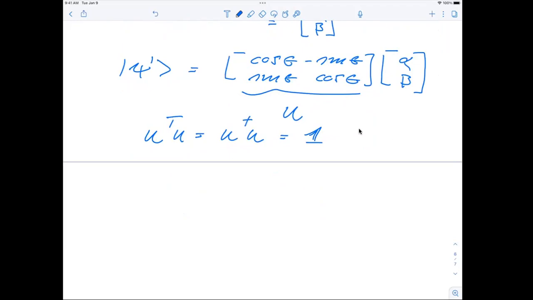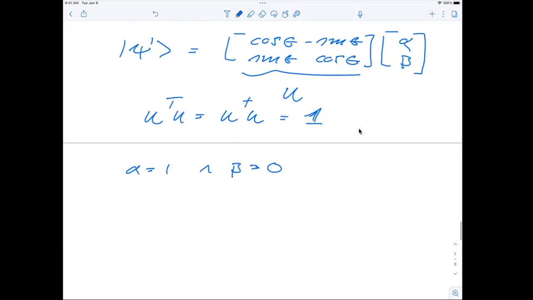So if we now look at the operation on, suppose now alpha is equal to 1 and beta is equal to 0, then what we would get is that the state psi prime is nothing but alpha times cosine of theta multiplied with the state 0 plus, just a moment, this is actually not beta, but it's going to be given by alpha times sine theta, and this is multiplied with the state 1.